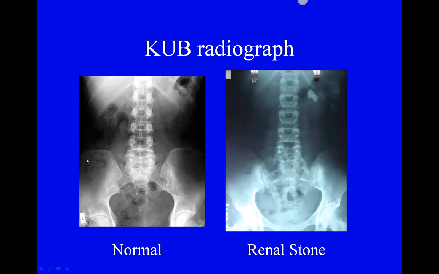Well, these are your intestines, and so you have air and fecal matter, depending on which portion of the bowel we're looking at. So now look at this one, and I've labeled it renal stone. Can you see the stone? And you remember that about 70% of kidney stones were made of calcium, and we can see calcium on just an x-ray. So if you came in with possible kidney stones, we might just start with a KUB radiograph.